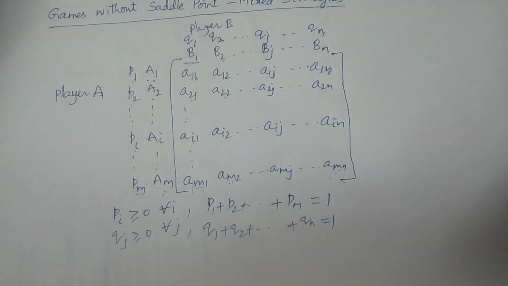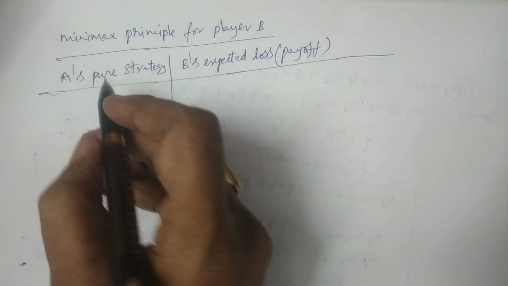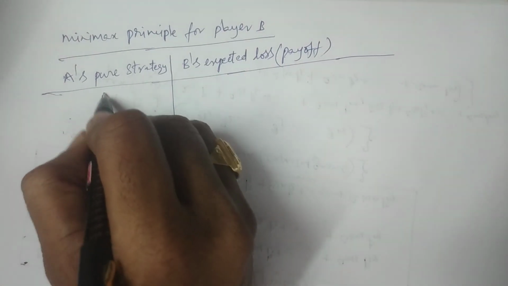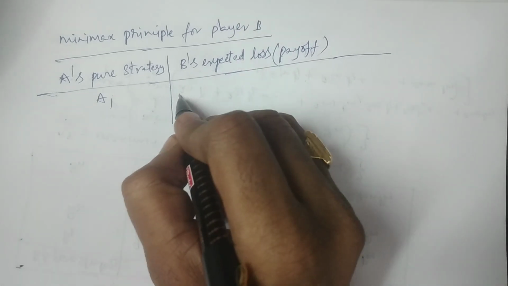So now I write it in a particular form. If A's pure strategy is, for example, A1, then B's expected loss is considered as L1.